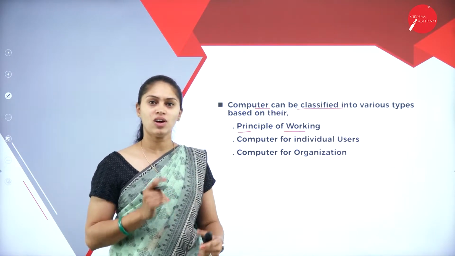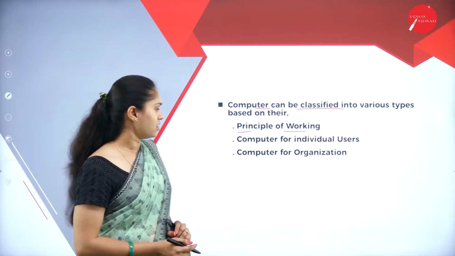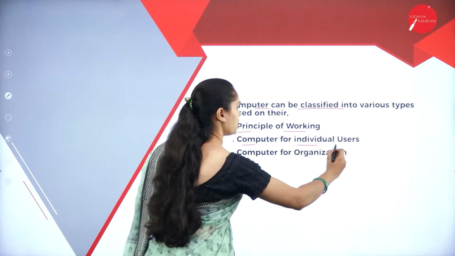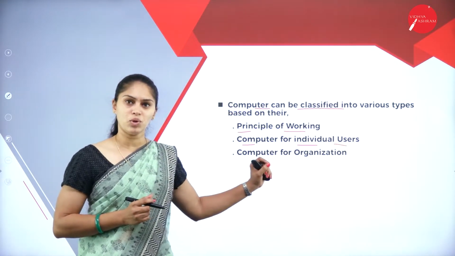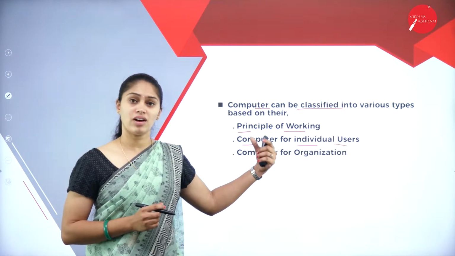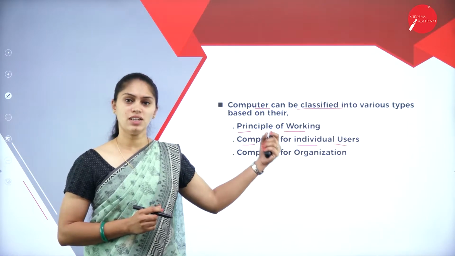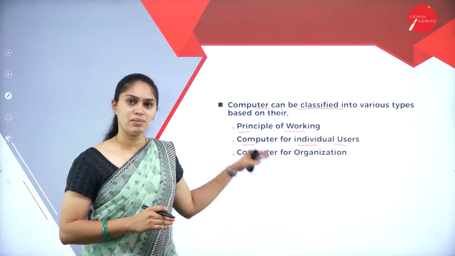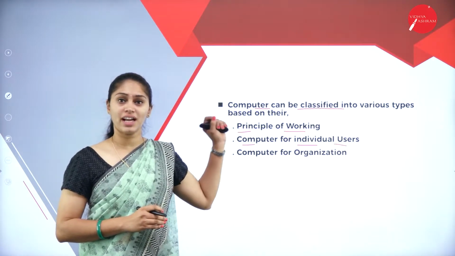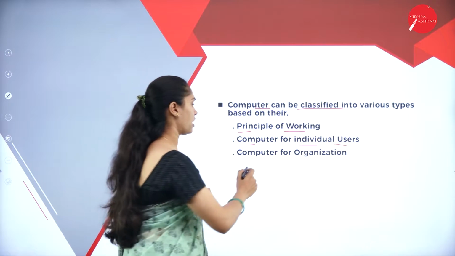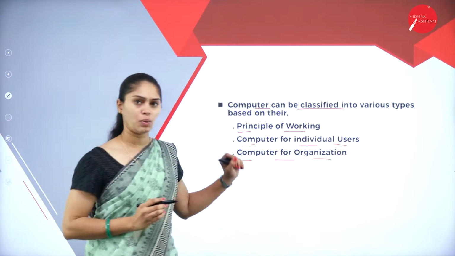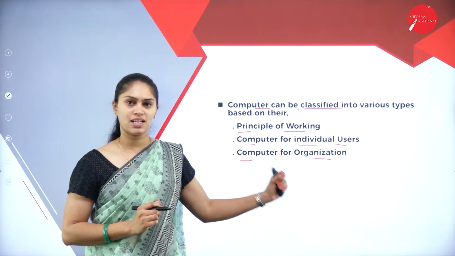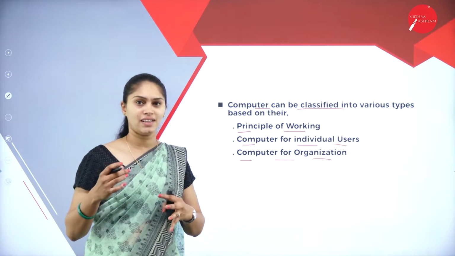And then computers for individual users, whether the computer is used for a single purpose or a single individual person, or whether it is helpful for more than one person. On that basis also we can divide the computer. And then computers for organizations, whether it is for small scale industries or for large scale industries, like that.